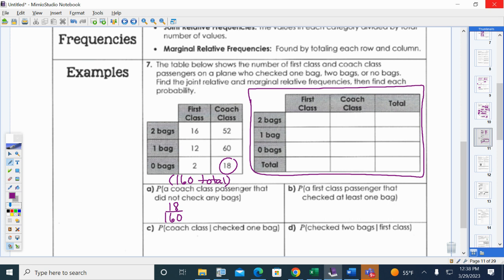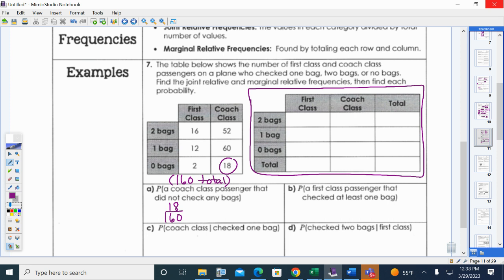So for this section, when it asks for frequencies, y'all, it's basically asking you to translate that into a percent. Sometimes we can be asked for probability and it be a fraction. Sometimes it can be answered in the form of a decimal. And sometimes they want us to put our answer in the form of a percent. And that's what this is about.